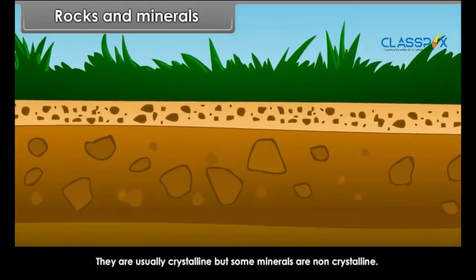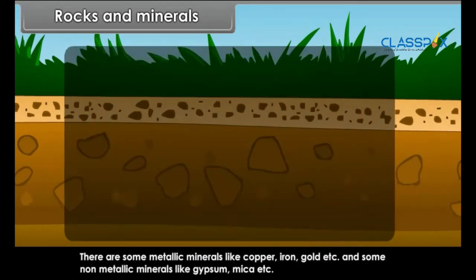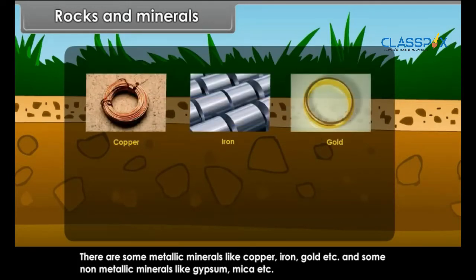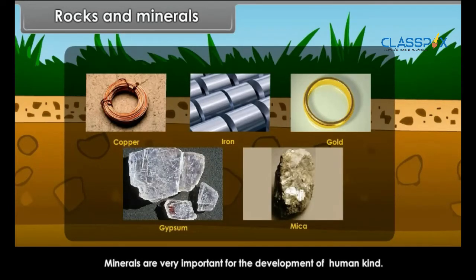They are usually crystalline, but some minerals are non-crystalline. There are some metallic minerals like copper, iron, gold, etc. and some non-metallic minerals like gypsum, mica, etc. Minerals are very important for the development of humankind.